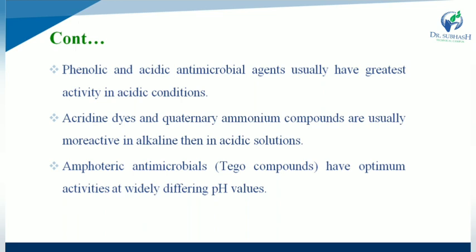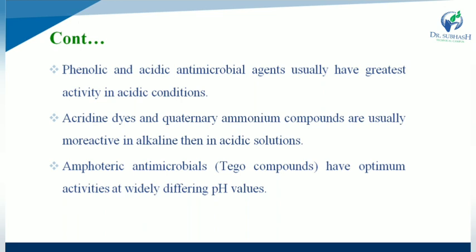Acridine dyes and quaternary ammonium compounds are usually more active in alkaline than in acidic solutions. So phenolic and acidic antimicrobial agents are more active in acidic condition, while acridine dye as well as quaternary ammonium compounds are usually more active in alkaline condition rather than acidic solution.